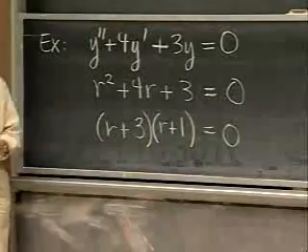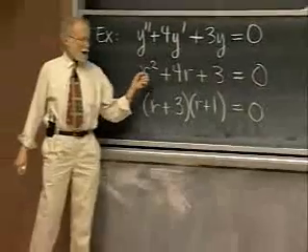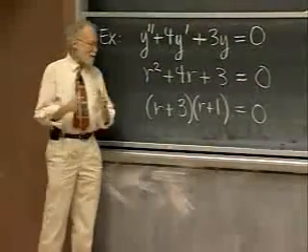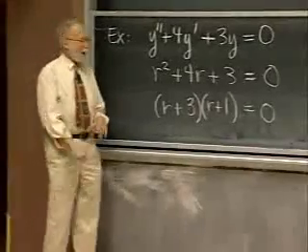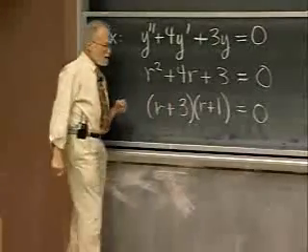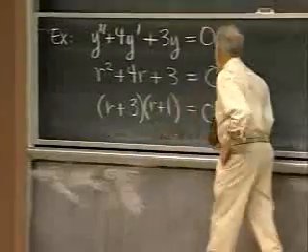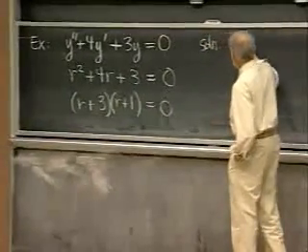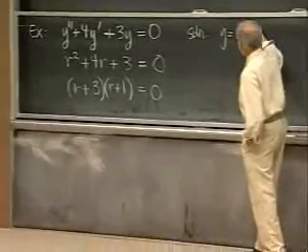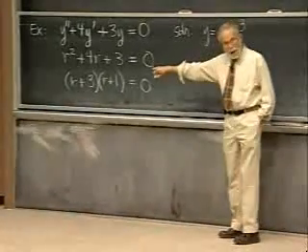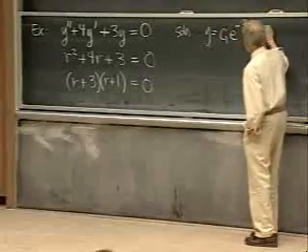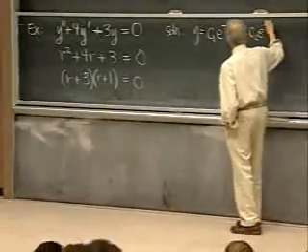This being 18.03, a lot of the times the roots will be integers. When they're not, God forbid, you'll have to use the quadratic formula. But here the roots were integers. It's, after all, only the first example. So the general solution is y equals c1 e to the negative, notice the root is minus 3 and minus 1, minus 3t plus c2 e to the negative t.